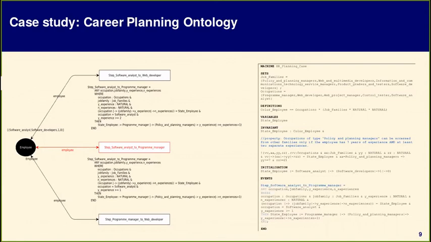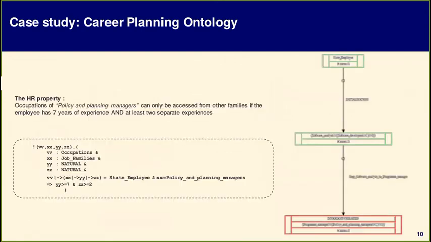Let's consider the two following human resource career development rules. To formally control using the B method, the human resource career development rules are formalized as mathematical predicates, with a clear view on the variables to be used. Here state employee. For example, the human resource property stating that occupations of policy and planning managers can only be accessed from other families if the employee has 7 years of experience and at least 2 separate experiences.